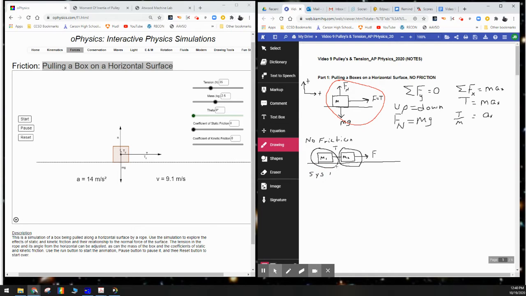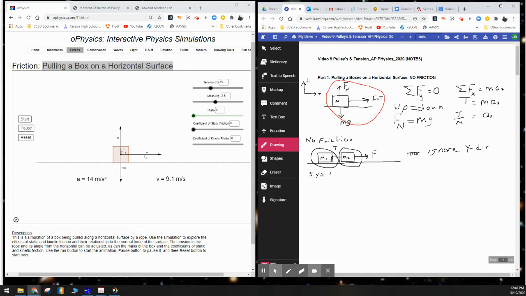Let's take a look at this point right here. Since it's moving in the x direction, we'll ignore vertical motion. We'll ignore the y direction for right now, and look at that in a little bit.